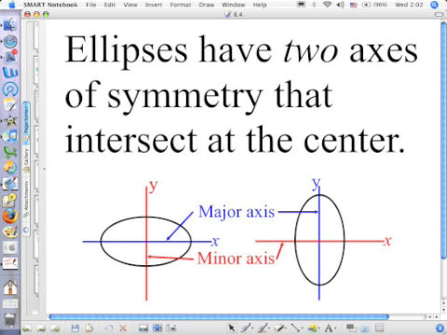Now, if you notice, I have 2 ellipses drawn here. This first one, I would call it, personally, a horizontal ellipse, simply because it is longer horizontally than it is vertically. Whereas the one on the right could be called a vertical ellipse. Now, I want you to notice that both of these share the common center of the origin, 0, 0.